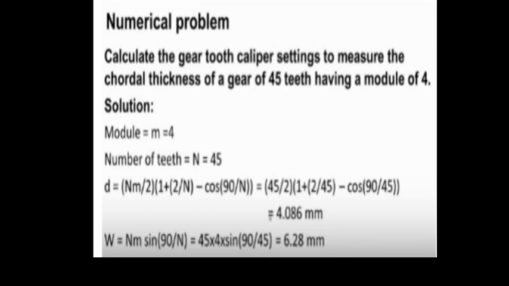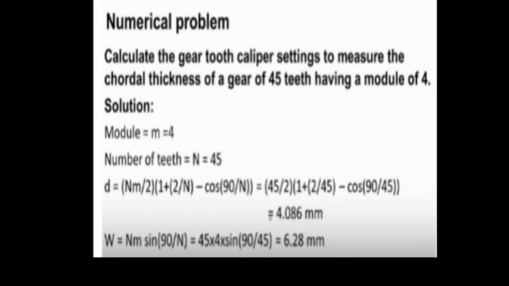So the chordal depth is nm by 2 into 1 plus 2 by n minus cos of 90 by n, which we derived here. Now capital D equal to nm by 2 into 1 plus 2 by n minus cos of 90 by n.